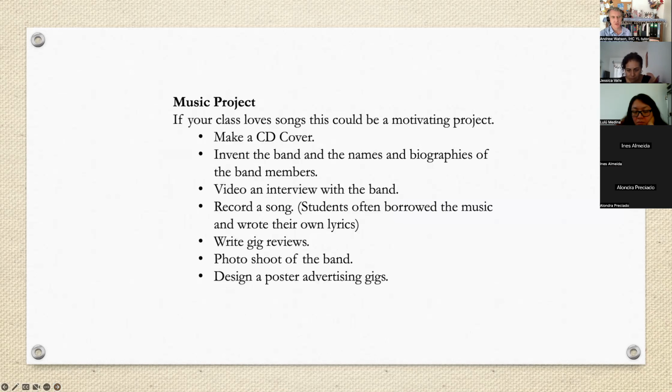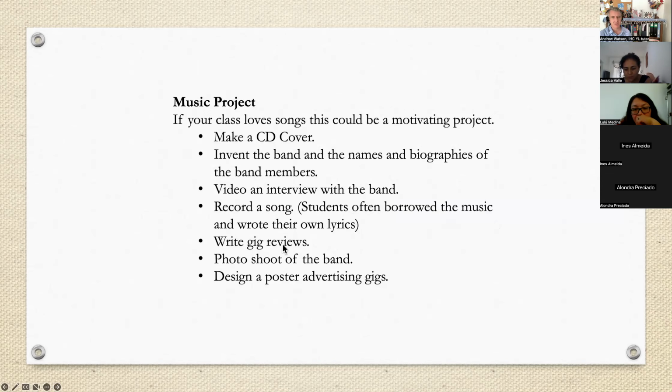Another one is a music project. We mentioned music earlier. So if your class loves songs, this could be a motivating project. You could make a CD or album cover. They could invent the band and the names and biographies of the band members. They could video an interview with the band. They record a song. My son has done something recently like this.